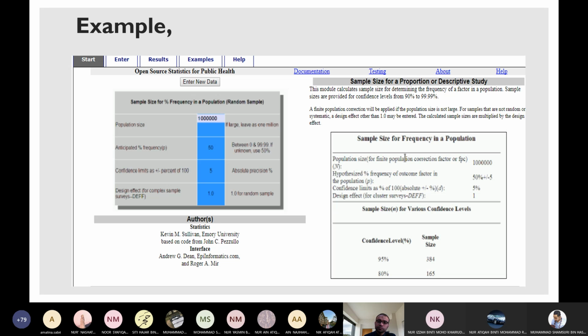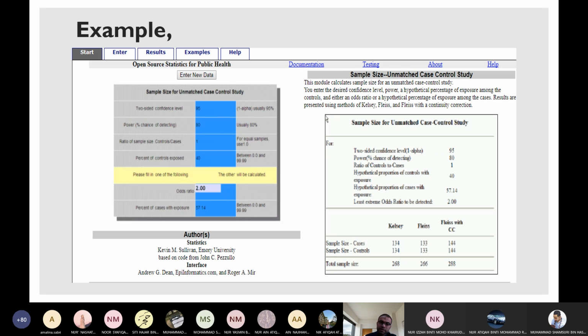If you have a descriptive study where you are aiming to estimate a proportion of patients who are aware, students who are knowledgeable, or patients who have certain attitudes or perceptions, all these are proportions, right? For a descriptive study you go for this calculation, and again you can see the population size, anticipated frequency, which is the proportion of the estimate that we have highlighted so many times, the confidence interval, the error, and the design effect, which you usually refer to as 1.